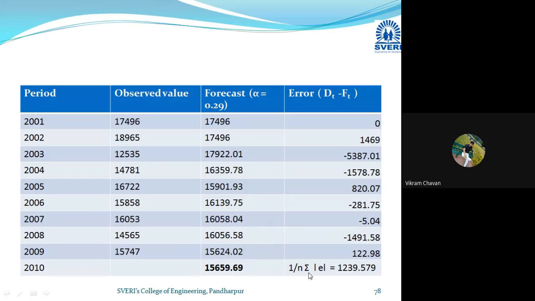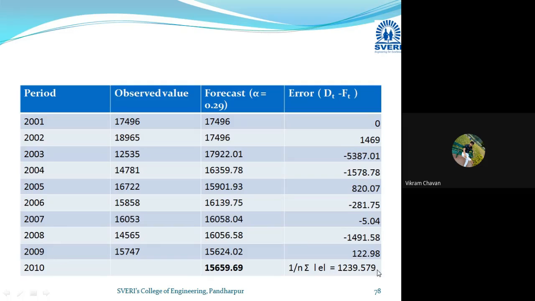We are getting the error up to 2009 only, so just add up these 9 values and divide by 9.